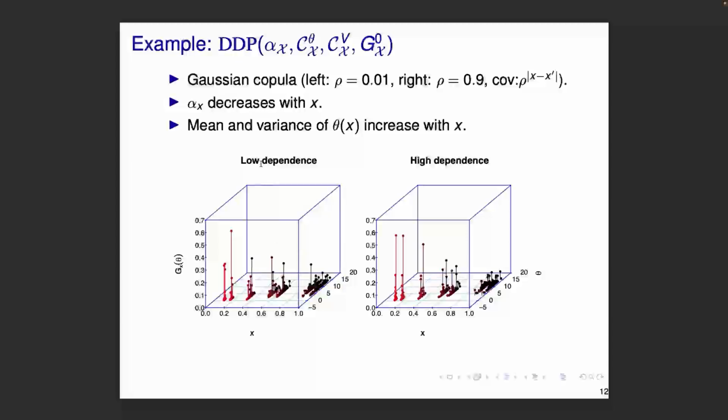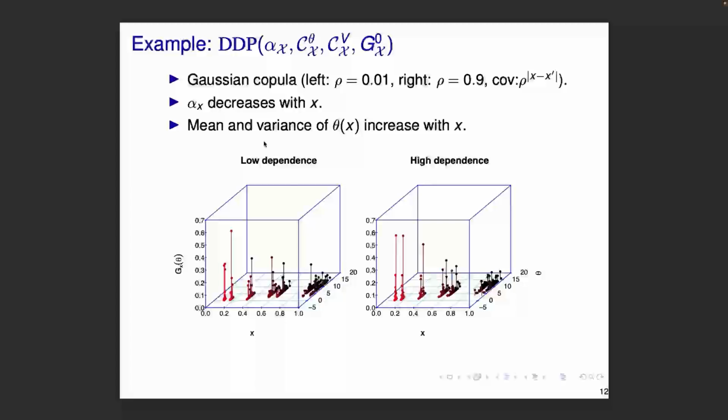This one is generated with low dependence, and this one is generated with high dependence in that copula. And what you are going to see is that if we take two of these probability mass functions and compare them, in this case with low dependence, you see less similarity. But if you have more dependence, you see more similarity when the x's are close to each other.